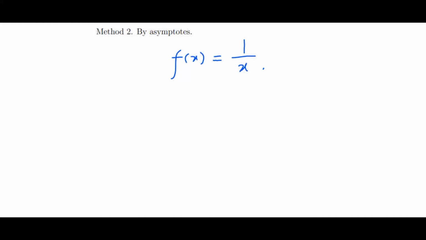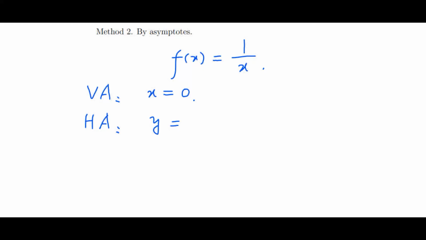For the vertical asymptote, the denominator equals 0, so x equals 0, right? And this function is a proper rational function, so we have an HA. The denominator has x, and the numerator has no x; we can regard it as 0x plus 1.